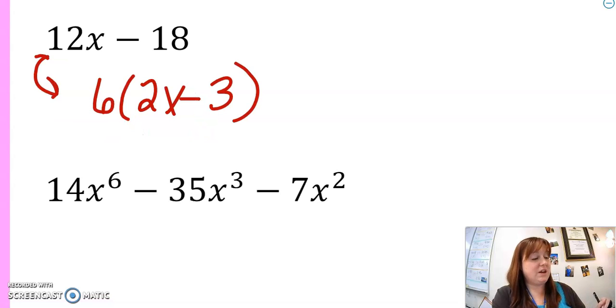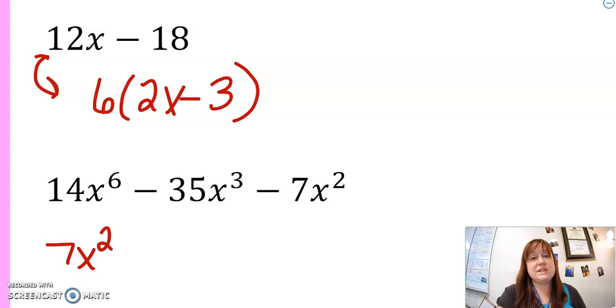Well, they all have a 7 in common, and they also have an x squared in common, because if you think about this, 14x to the 6th is 7 times 2 times x times x times x times x times x times x, right? 6 x's. And then we can pull 2 of those x's out, and what do we have left over inside?